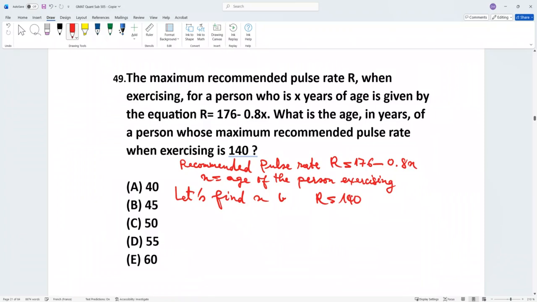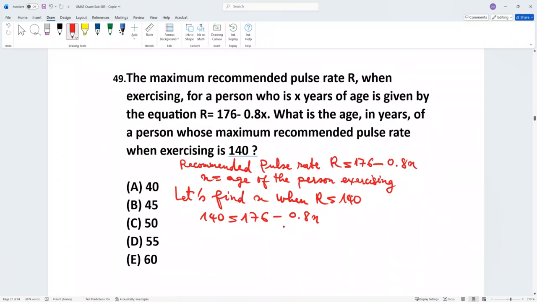So now this is going to give us 140, which is the value of R, is equal to 176 minus 0.8x.